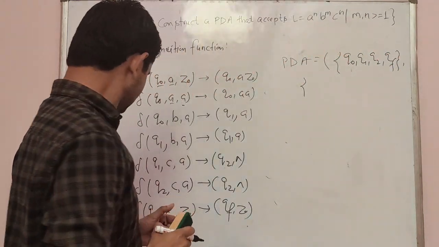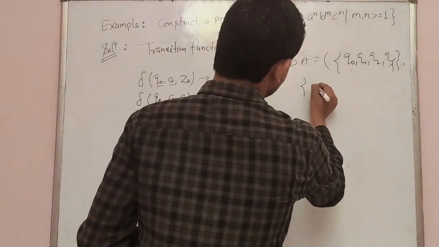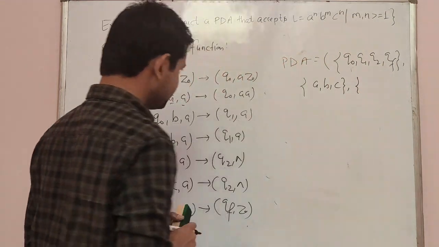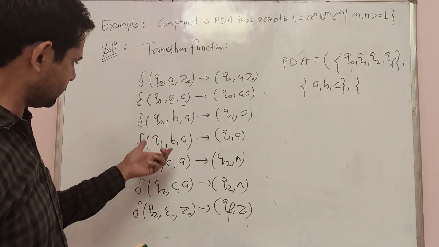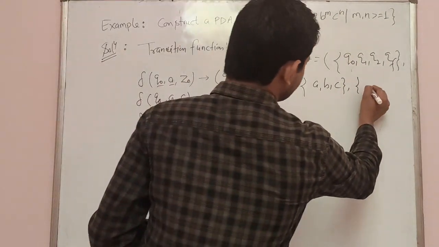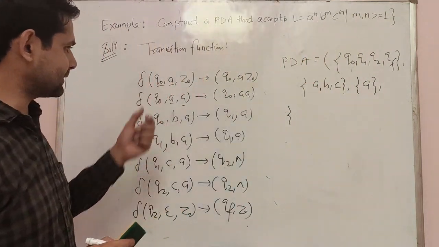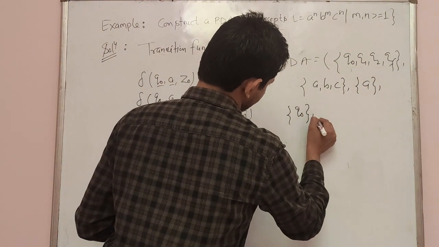Then we have the input symbols, A, B and C, right? Then we have tau, the stack symbols. We stored only A, so the stack symbol set is only A. Then we write the starting state. The starting state is only one, it is Q0, right?